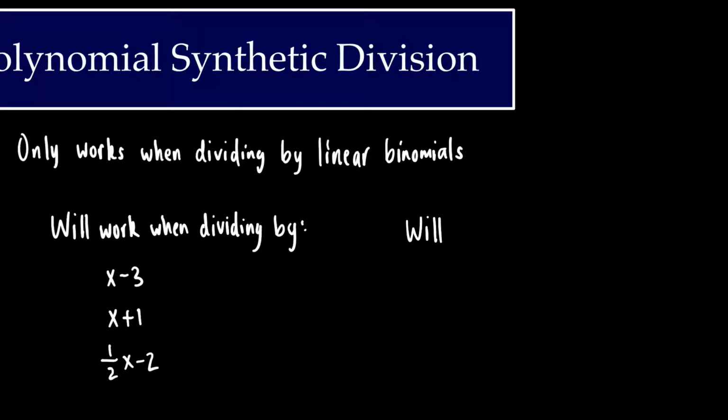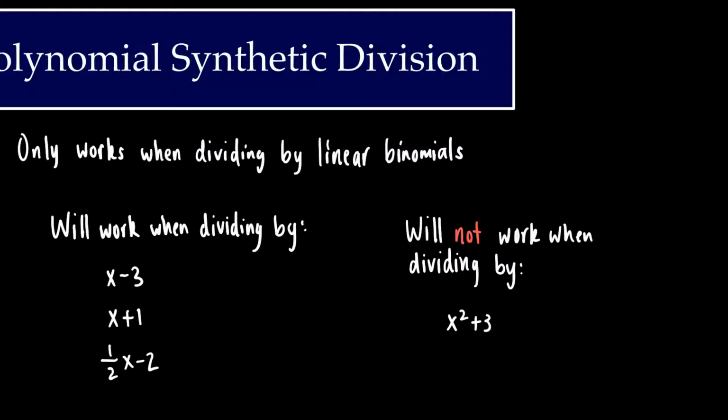This will not work when dividing by, if you had something like x squared plus 3. This is a quadratic binomial. It's got an x squared term. It doesn't have just an x term there, so like an x to the first power.